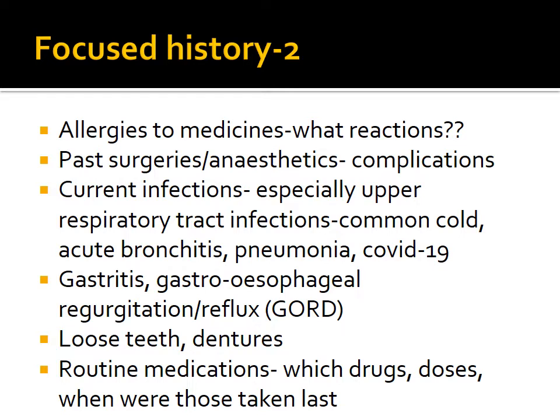Then another important thing is to check whether the patient has gastritis, because gastritis is very common these days, and to see whether the patient has reflux or gastroesophageal reflux disease or gastroesophageal regurgitation. So the abbreviation is GORD.